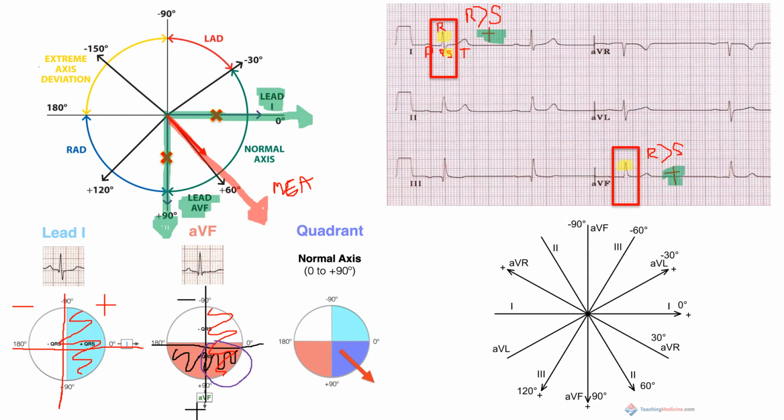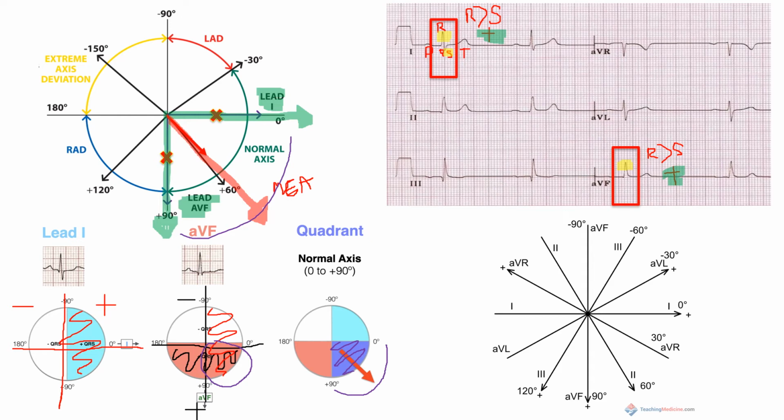As you can see, this part is where you're going to have your mean electrical axis, which is again 0 to 90. We already figured it out when we drew our vectors, and we also said that your mean electrical axis is going to be 0 to 90 degrees.